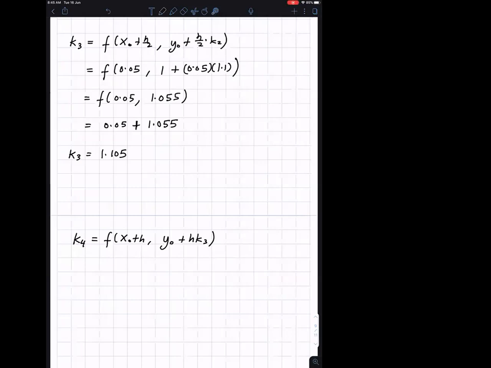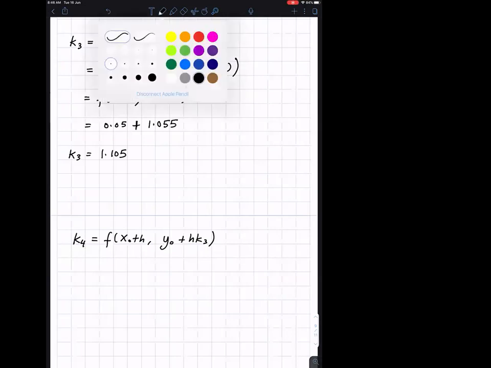Here we have x0 plus h over 2, here we have y0 plus h times K3. Here we have y0 plus h over 2 times K2. So here we are using half the step size. Here we are using the full step size. So please note that if you make mistakes like this, there's no forgiveness.